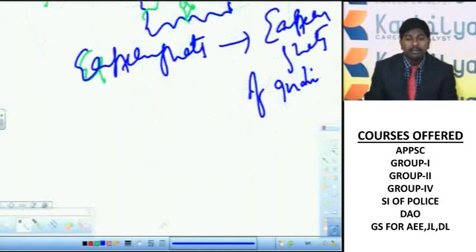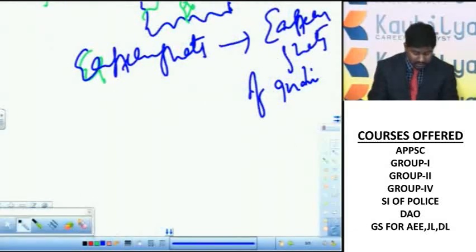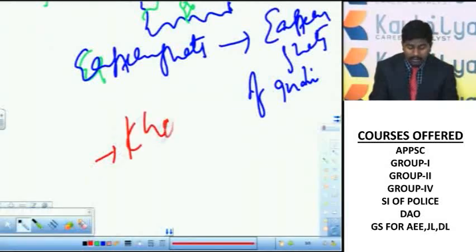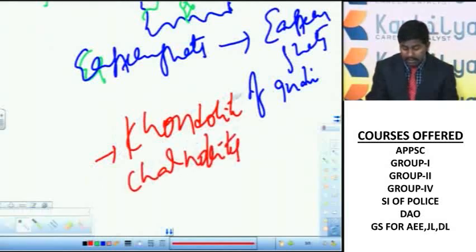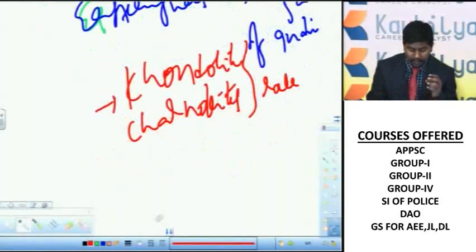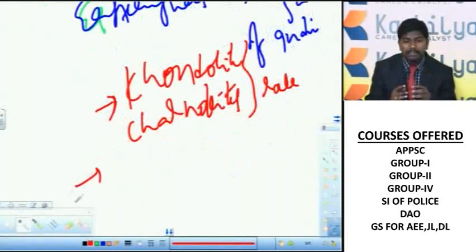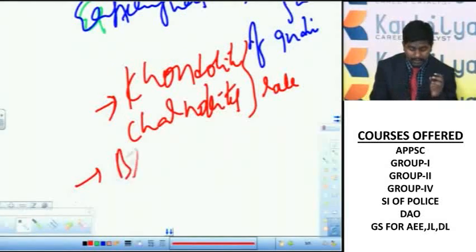And these rocks are composed of khondalite and charnockites. So these ghats are made up of khondalite and charnockite rock deposits, and these hills are broken hills. That means these are discontinuous hills.